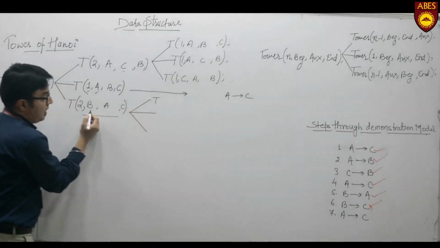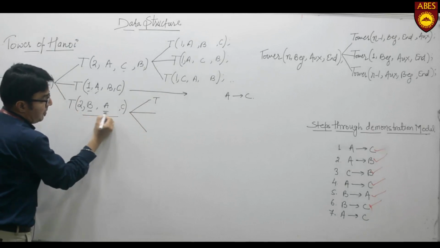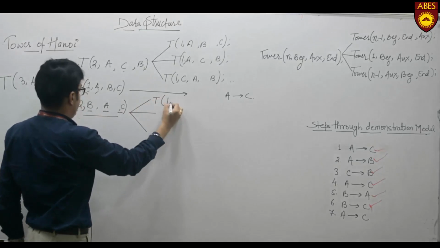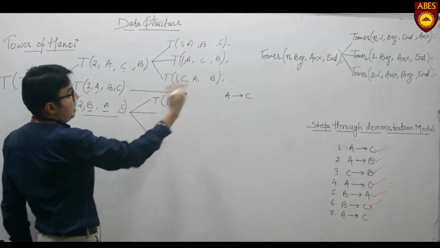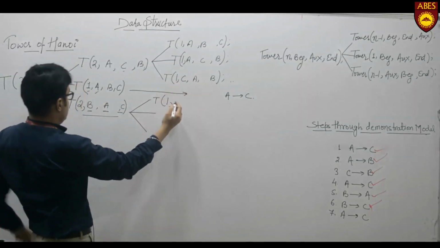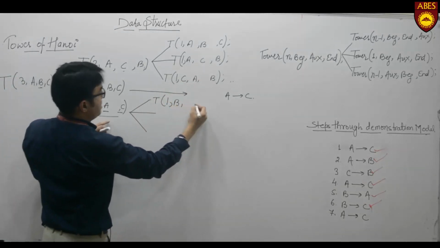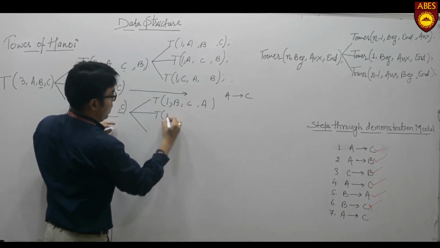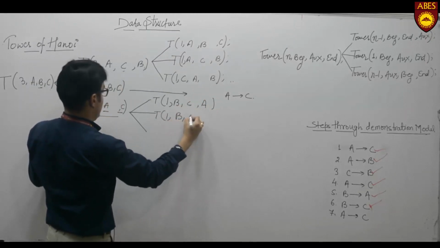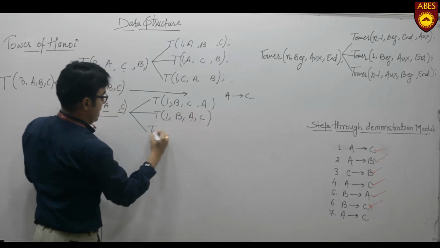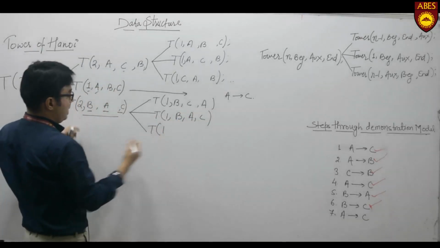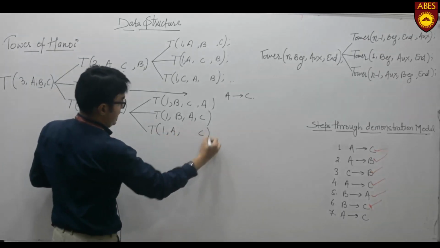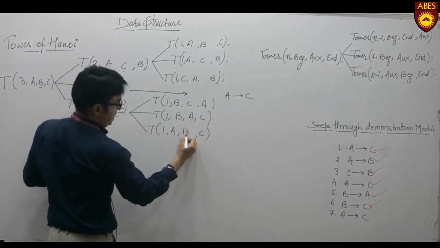Here beginning is B, middle is A, and the end one is C. Then again Tower n minus 1, which will be 1, from beginning to auxiliary, and in the middle Tower 1, same sequence B, A, C, and Tower n minus 1, that is 2 minus 1, from auxiliary A to end C, with beginning and middle.